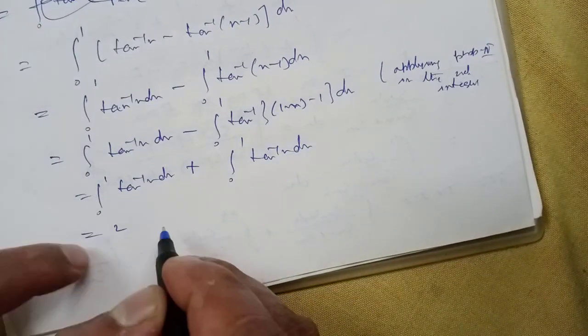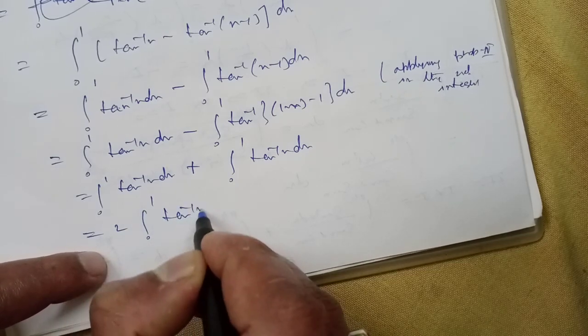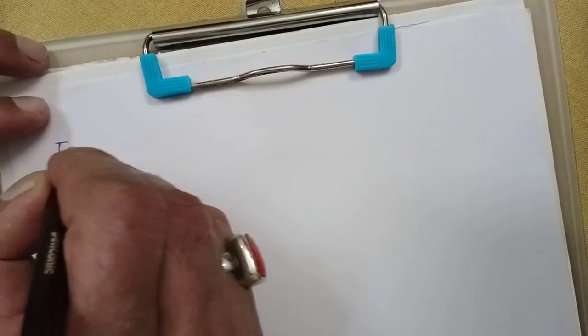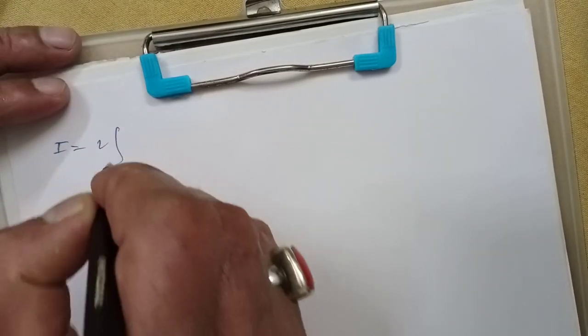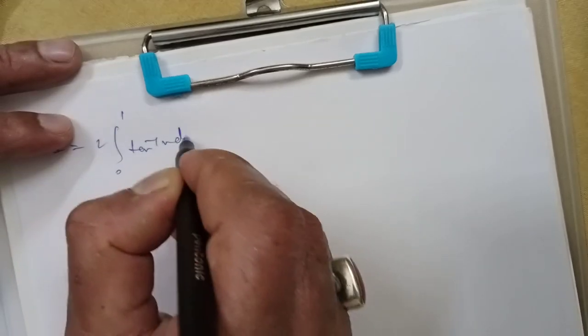So we get twice integration 0 to 1 tan inverse x dx. Let us change the page. So we have I equals twice integration 0 to 1 tan inverse x dx.